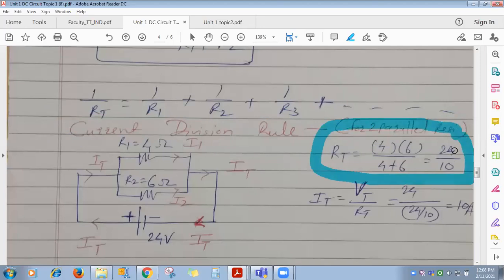What will be the resultant? 24 by 10 ohm. Then apply Ohm's law: V is equal to IR, so I total is equal to V total divided by R total, that is R equivalent. How much current will flow through this circuit? What is the total current? 10 ampere. Got it?